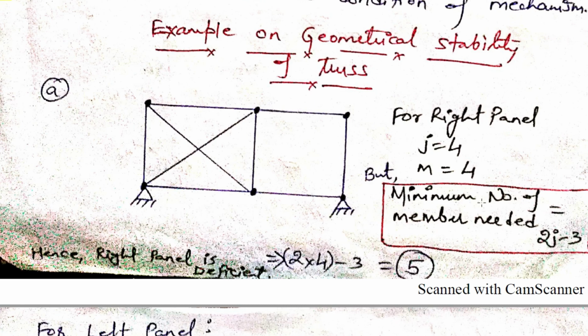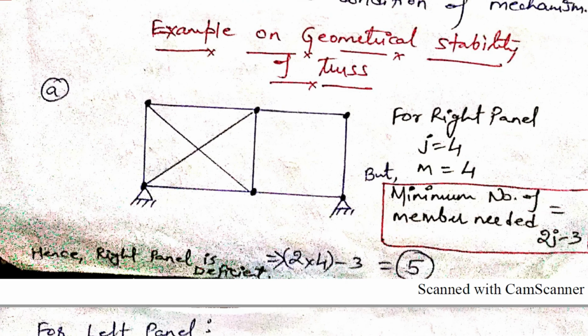Okay, but the minimum number of members needed for geometric stability is 2j - 3, we know. So if I put the value of j as 4, it is 2 times 4 minus 3, that is 8 minus 3, which is 5. So here your right panel is deficient.